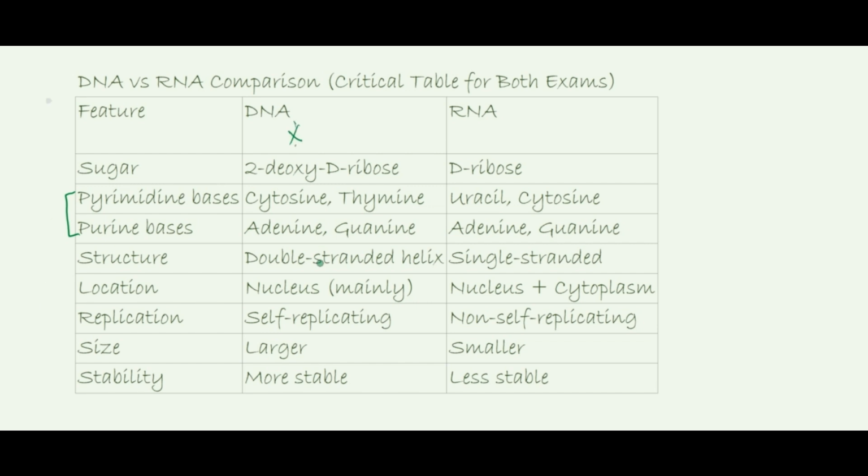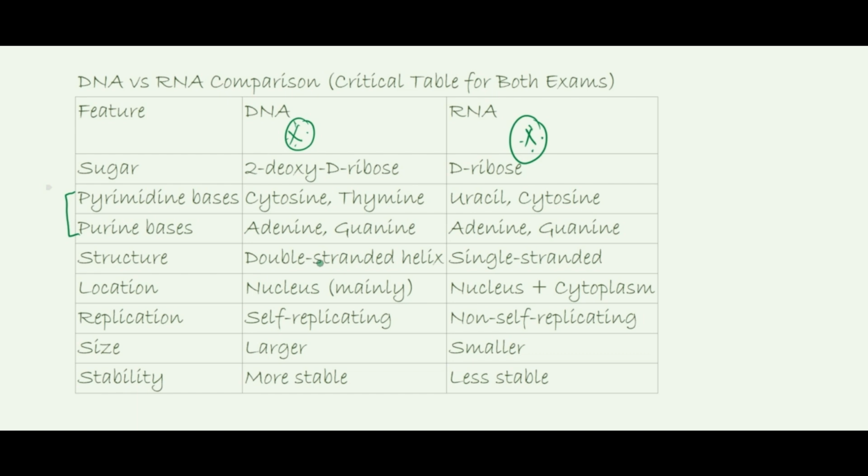The name, of course, is important. RNA is D-ribose. Pyrimidine bases present in DNA are cytosine and thymine. In case of RNA, uracil and cytosine. Purine bases present are adenine, guanine. In RNA also, adenine, guanine.